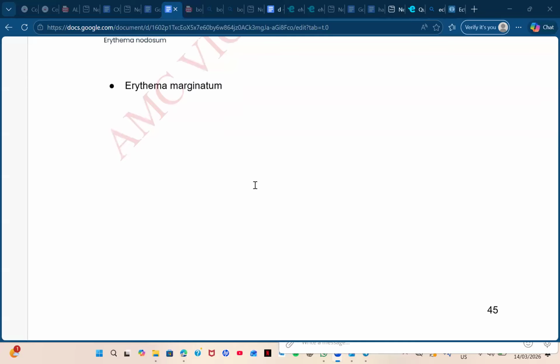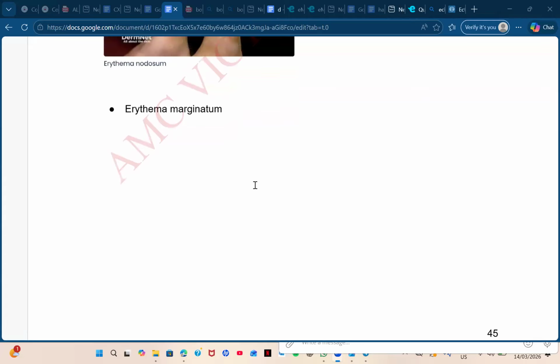Now tell me about erythema marginatum. Where can we see erythema marginatum? Tell me, doctors.